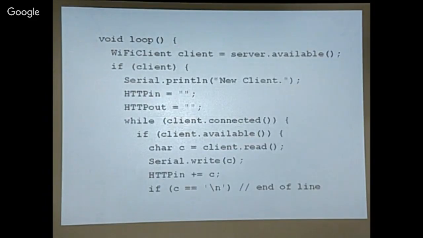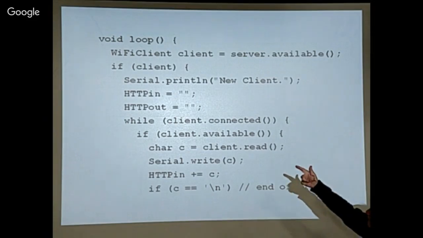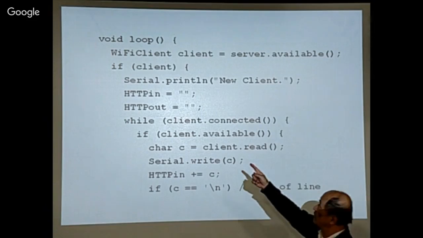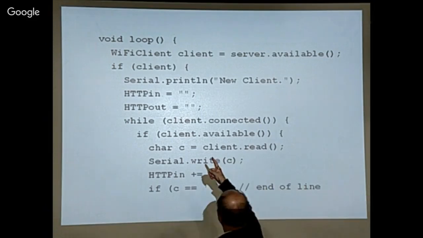Let me read to you the actual loop. You first try to ascertain that there is a client out there sending a URL. If the client exists, then you receive characters. HTTP in is the input buffer, HTTP out is the output buffer.